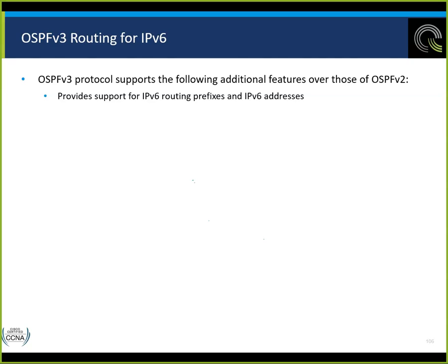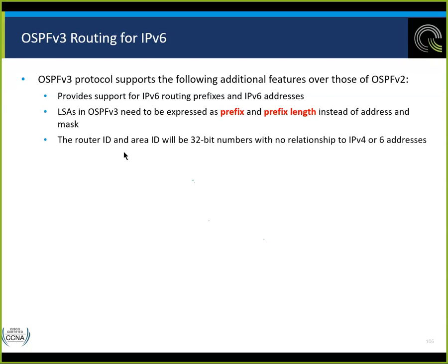IPv6 is a little bit different. We'll look at these. The protocol supports the following features over OSPF v2: OSPF v3 routing for IPv6, support for IPv6 routing prefixes. The link state announcements need to be expressed in prefix and prefix length instead of address and mask.